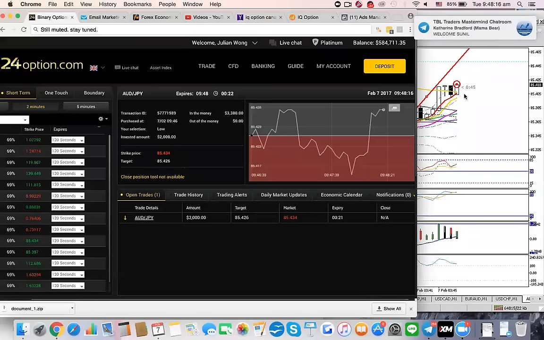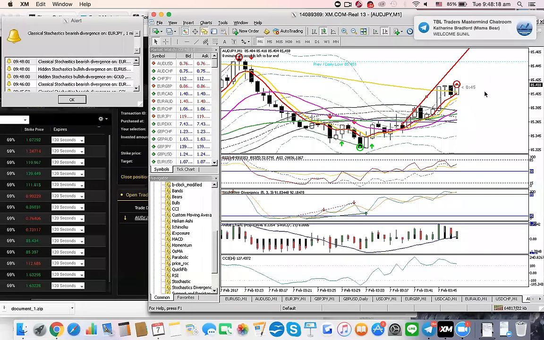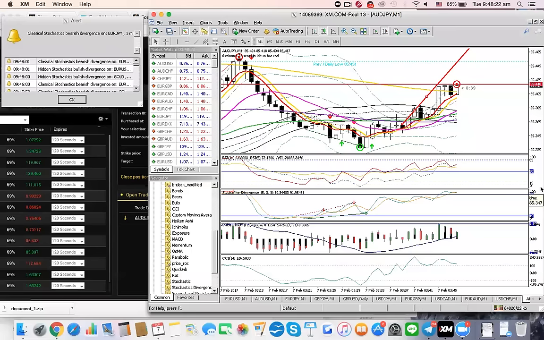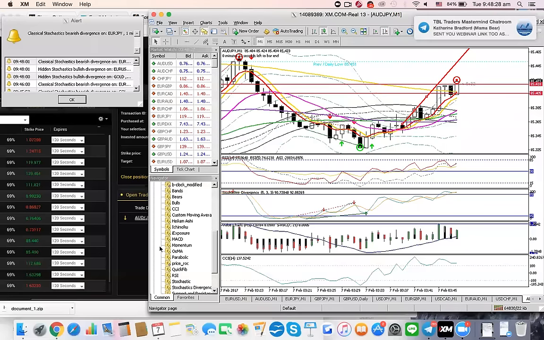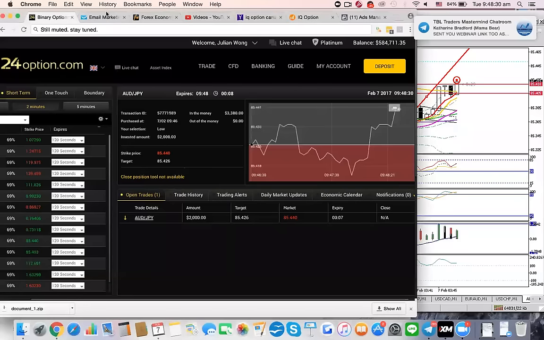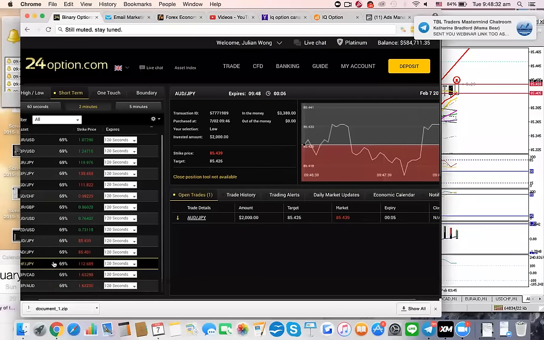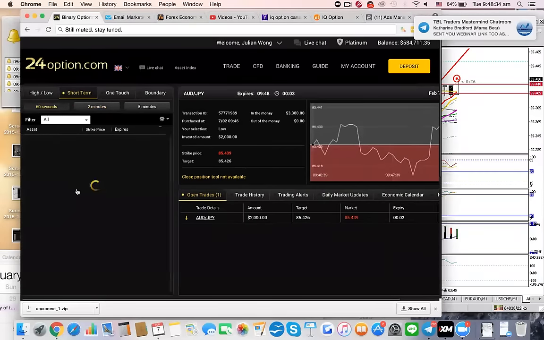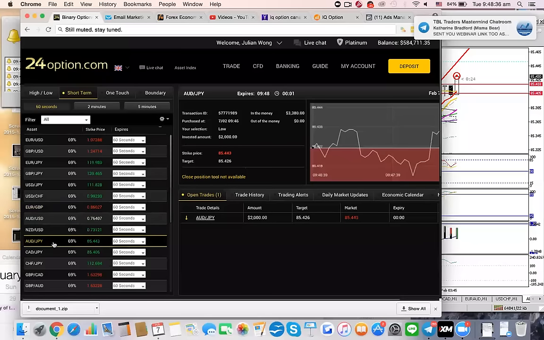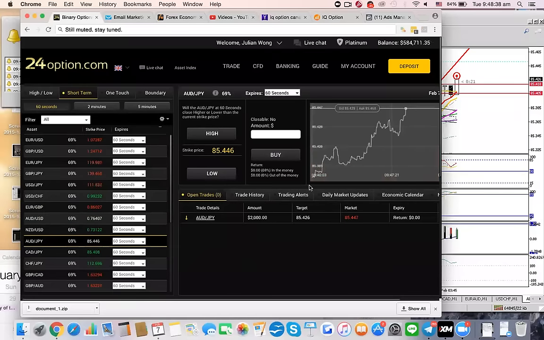This one's a bit unfortunate. Let's wait for the break to the upside. Straddle this one. Break up, 60-second up; break down, 60-second down. Set up 60 seconds, same trade, Aussie JPY. Consolidation.